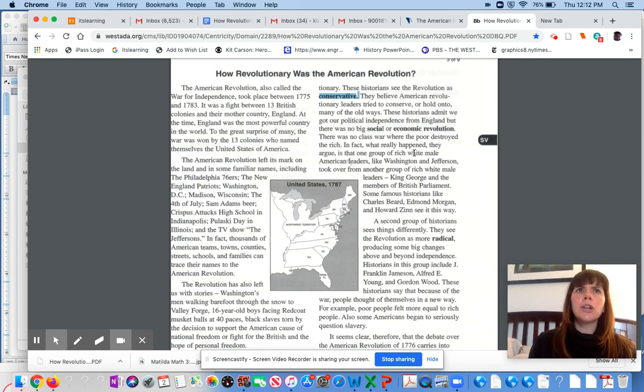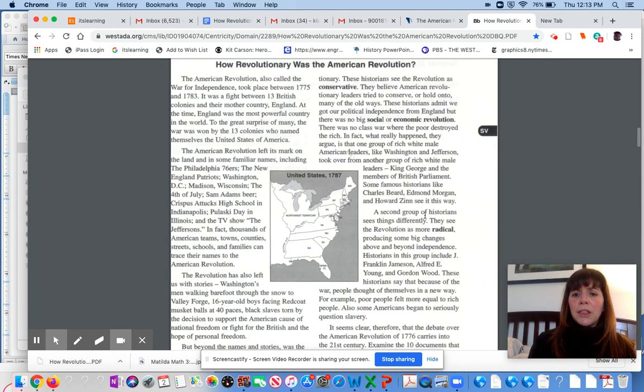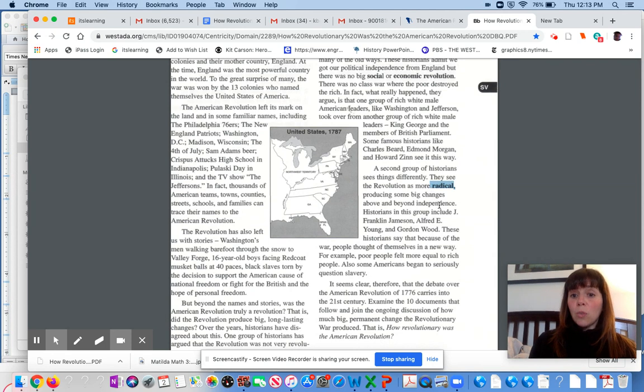Sure, Britain is no longer in charge of America, but a lot of the things that existed in America, like slavery or treatment of women or treatment of indigenous people, didn't really change in any particular way. However, some of them think that the revolution was radical. It produces huge, significant changes, and you can't dismiss those changes. So on the one hand, you have some historians who think the American Revolution is really conservative, not a whole lot of change.